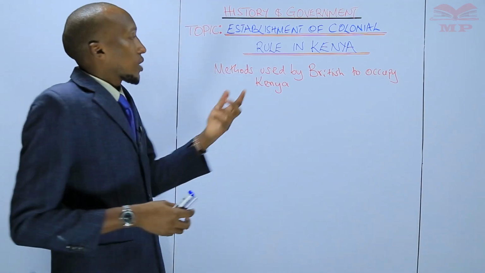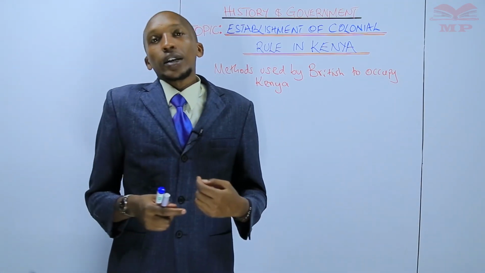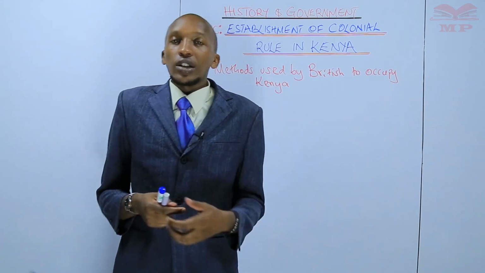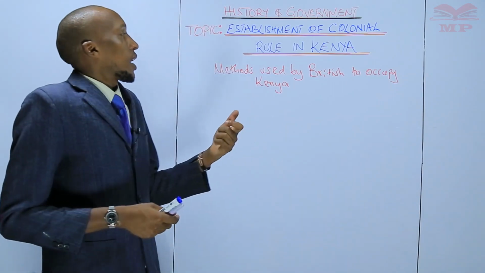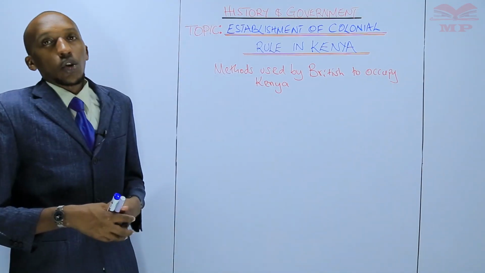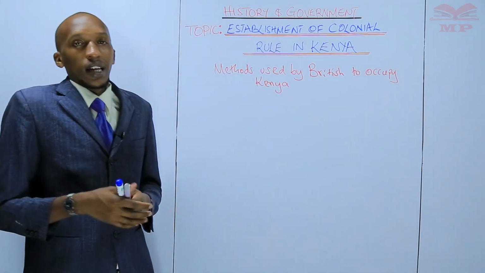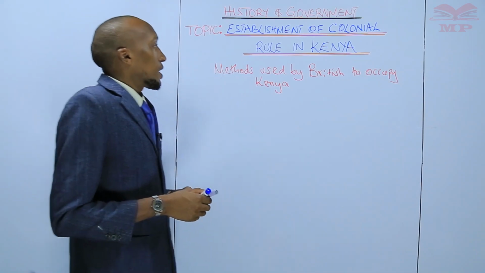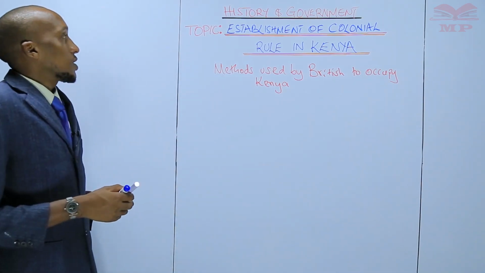So they had to come and ensure that the area is occupied. And they had to occupy the Kenyan colony in different ways. And that is what we are going to be learning about in our today's lesson.